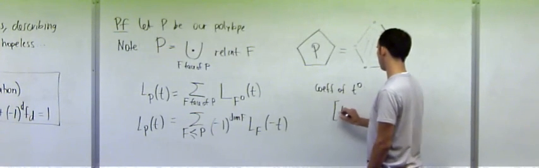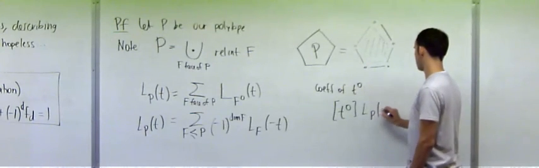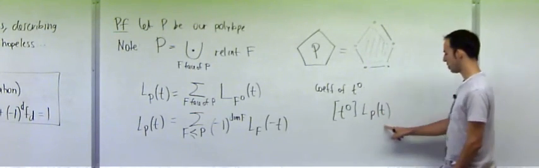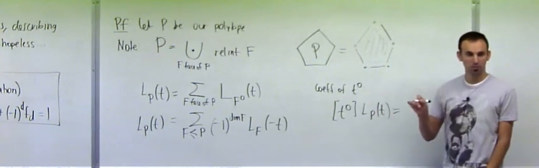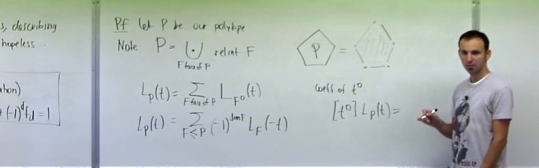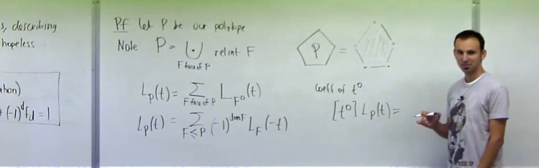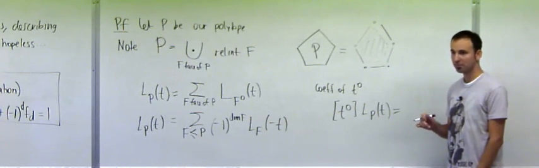So sometimes I denote it like this. The coefficient of t to the 0 in the Ehrhart polynomial is what? You guys remember? It's 1.